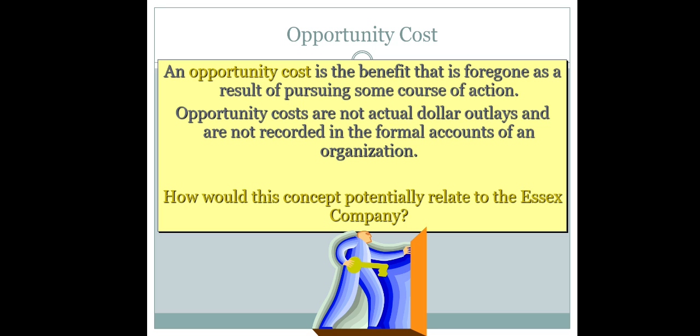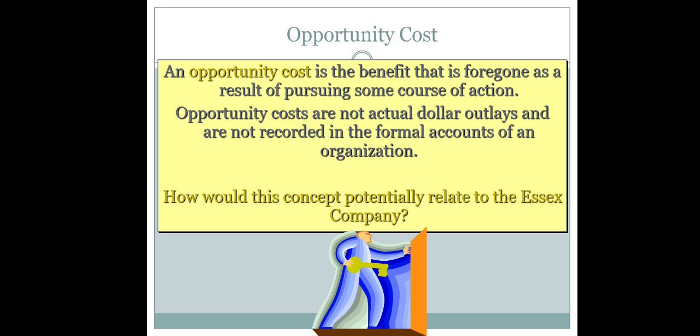Okay, now there is a new type of cost that you have to know. It is called opportunity cost. An opportunity cost is the benefit that is foregone as a result of pursuing some course of action. Opportunity costs are not actual dollar outlays and are not recorded in the formal accounts of an organization.